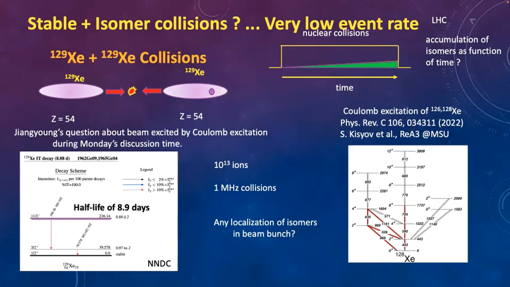So this is IT, internal transition, 100%. It is an M4, which means it's a gamma. The spin is so different that it takes time to decay.